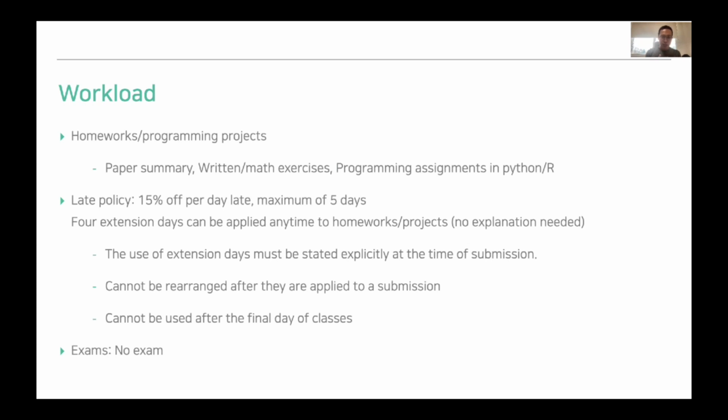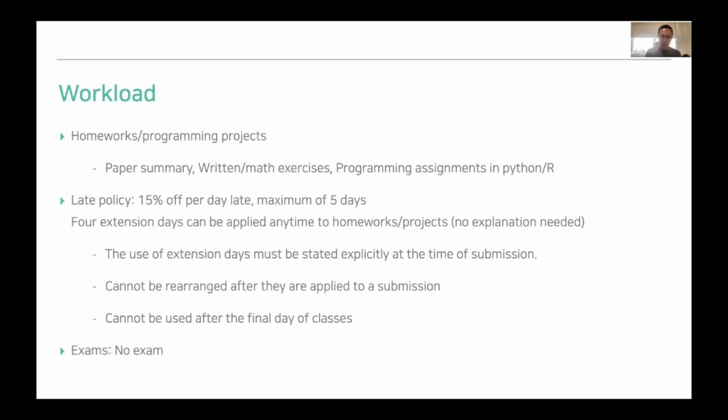And you have 4 extension days without penalty, which means you can submit your homework at most 4 days late and you will get no penalty. But it cannot be used after the final day of the class.